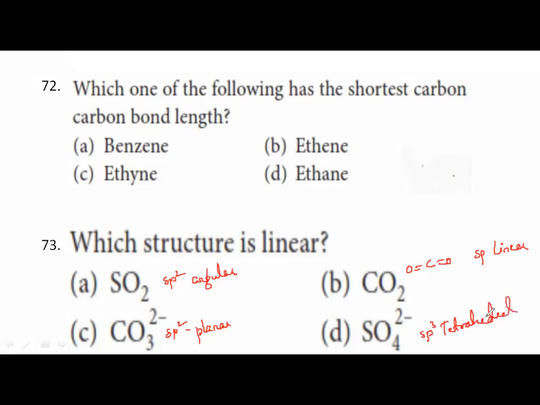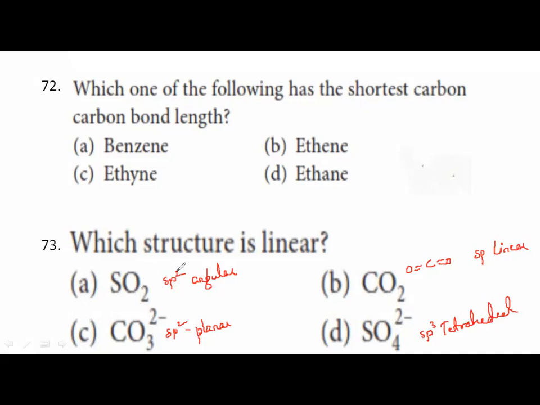Please do remember all the geometries. Only the most frequently asked ions will be given, nothing different. SO2, CO3 minus 2, SO4 minus 2, you have come across these so many times, so you should remember them. Don't sit solving H is equal to half into V plus M minus C plus A every time.